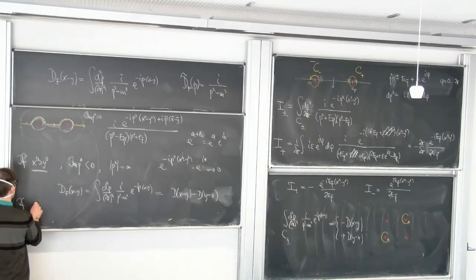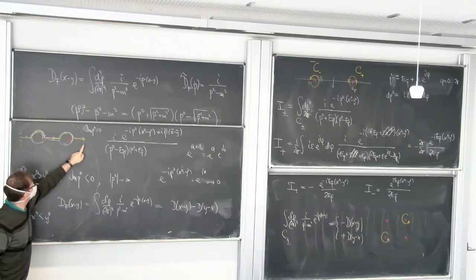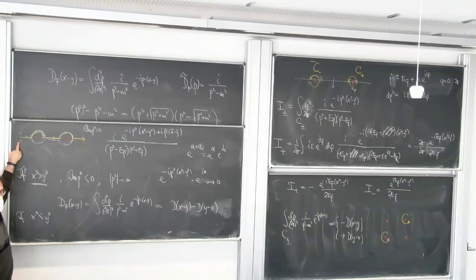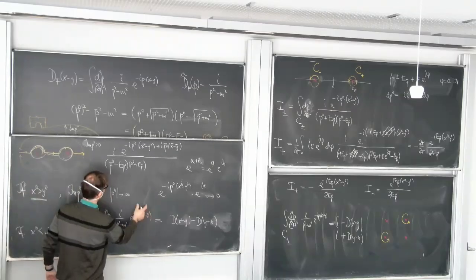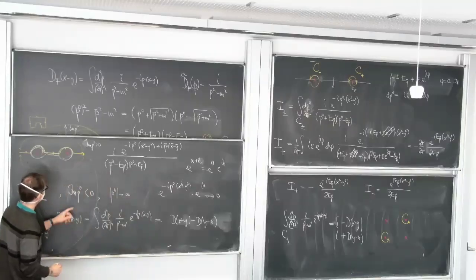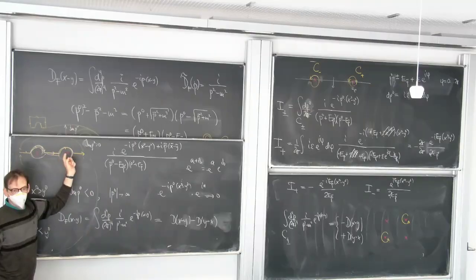If x0 is less than y0, it's all different. We can't close it here, because if we did, we get a contribution here, and then the value of the integral is changed. But since now the sign here flips in the exponent, we can close it the other way without changing the value.